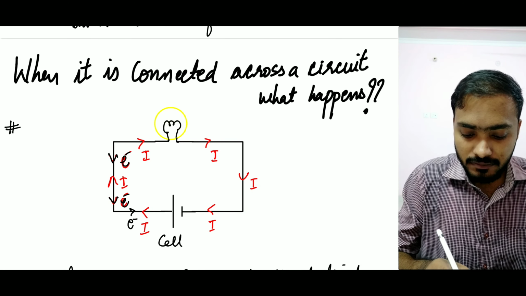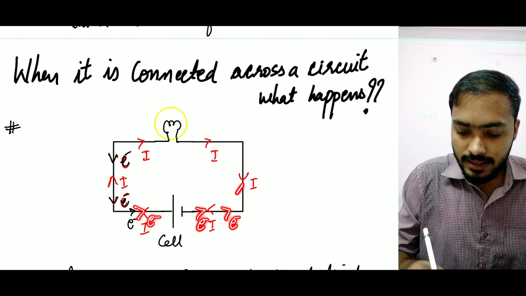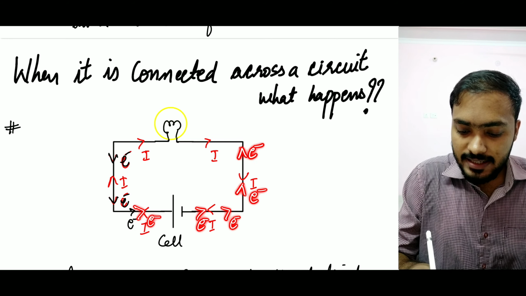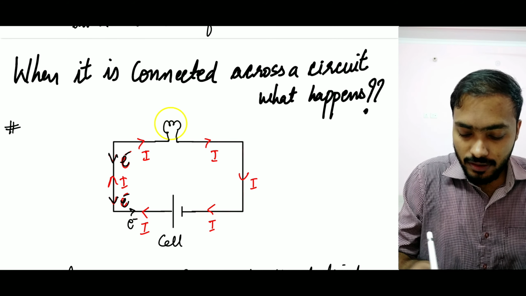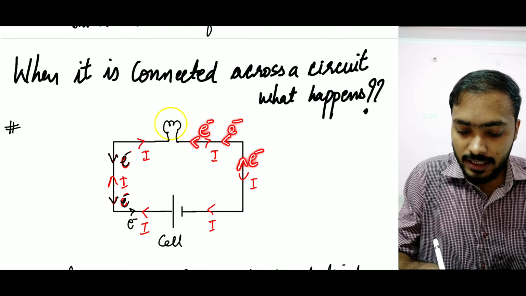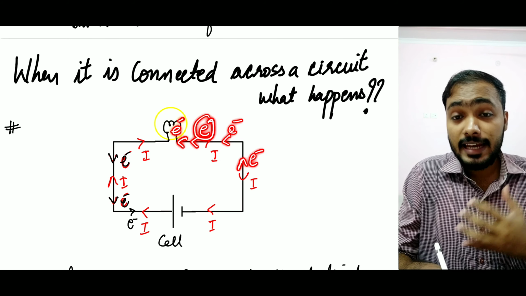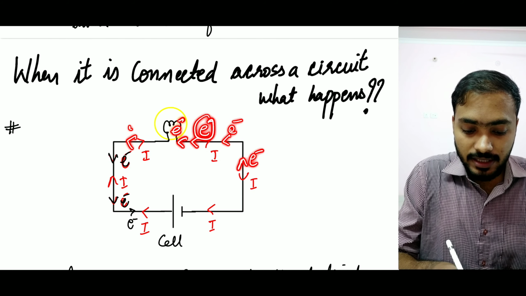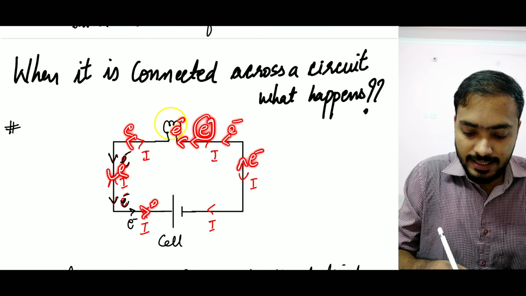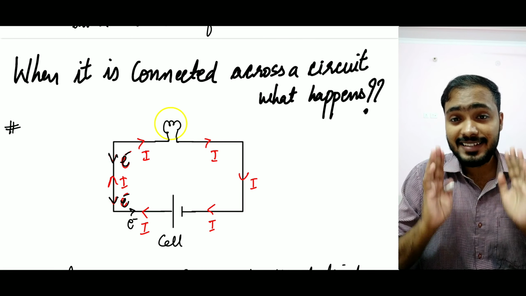As the electrons move and the current flows in the opposite direction, the electrons have some energy. As they come near the bulb, they spend that energy, come back to the cell, take energy again, and go back. This process continues.